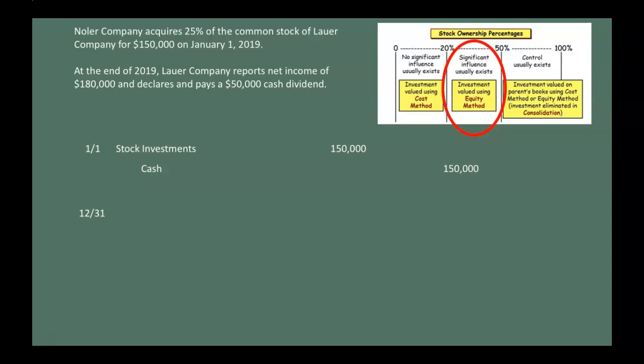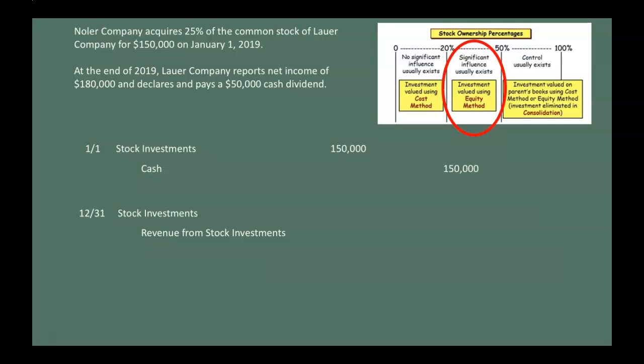So, here's what's going to happen at the end of 2019. We're going to be debiting our stock investments and crediting our revenue from our stock investments. When there's net income, that will increase a company's retained earnings. If retained earnings are going up, your stock investments will increase as well.